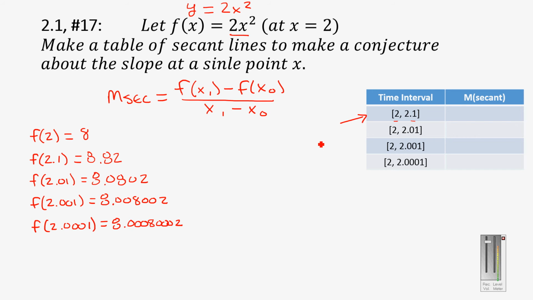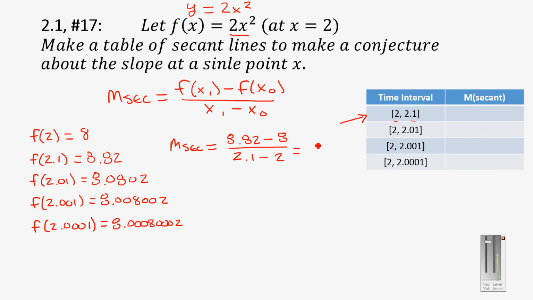So I'm going to start with this one right here. I'm going to say, well, m secant for these 2 points, 2 and 2.1, is going to be equal to, I'll take the bigger number, which is 8.82. I'm going to subtract 8. So that's my f of 2.1 minus f of 2. And then I need to do x1 minus x0. Well, that's just 2.1 minus 2.